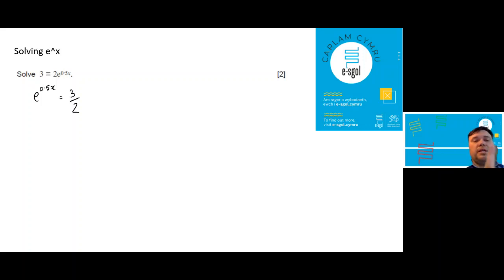It's important that you don't take logs to the base of something else. It has to be natural log, which is ln. So if we take ln of both sides, we get ln e to the 0.5x, and that is equal to ln 3 over 2.